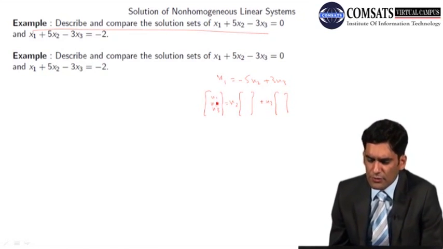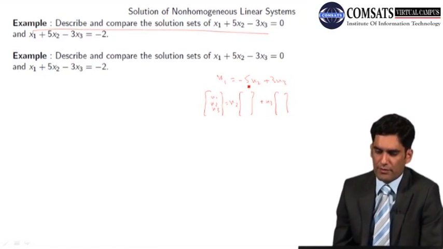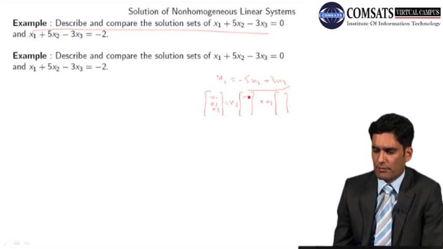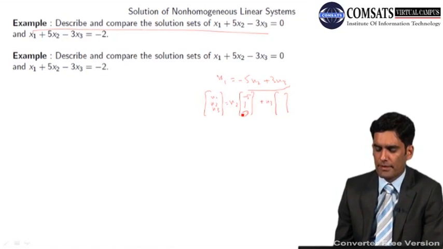So x2 has coefficient -5 here, in x1 in this equation. So I will put here, first entry will be -5. x2 equals x2, as x2 is a free variable, so I will put 1 here. Since x3 is also a free variable and we don't have an expression for x3, the contribution of x2 in x3 is 0. So I will put here 0.